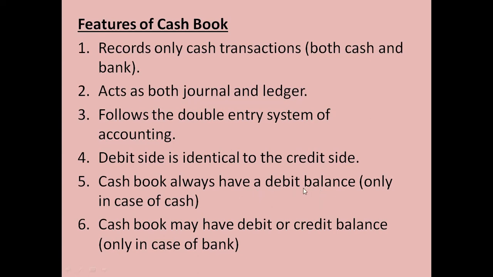The balance c/d will lie towards the credit side, and the balance b/d, the reflection of the c/d, will be towards the debit side. But in the double column cash book, the bank will have a debit as well as a credit balance, but the cash will have only and only the debit balance.